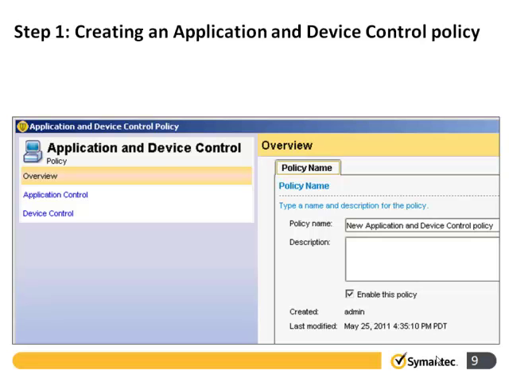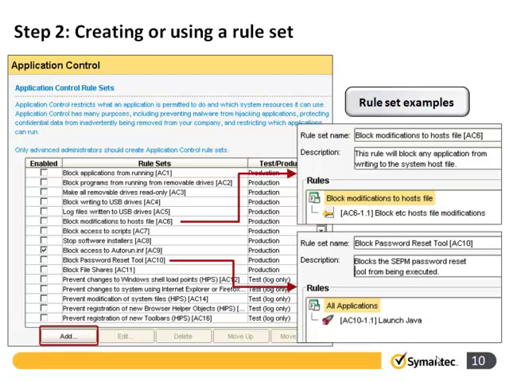So first of all, we create the policy, give it a name and enable it. And then we need to create the application control rule set. The application control will restrict which applications are permitted to do and access which system resources. You set them up within these rules.